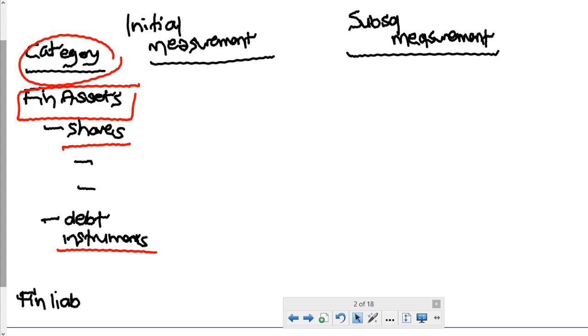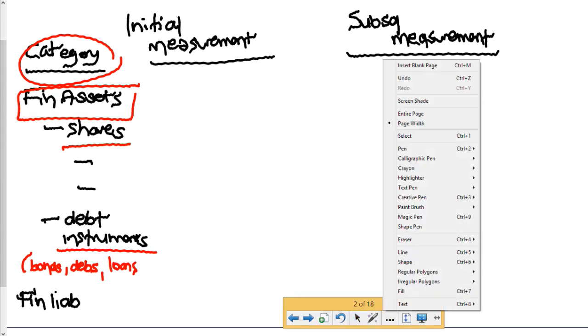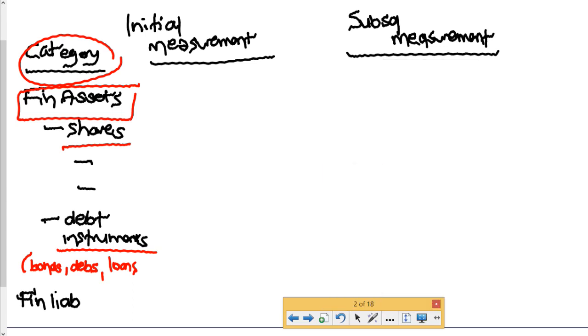So these debt instruments are bonds, debentures, or loans. And initial measurement, let me draw lines on, let me draw them a little bit faint.